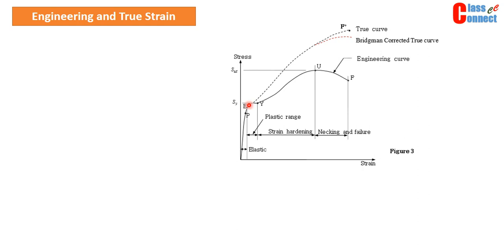So for all other materials, this plateau is not part of the stress strain curve. You won't get any specific yield point in other materials. Another important thing is that for mild steel, SYT is approximately half of SUT.